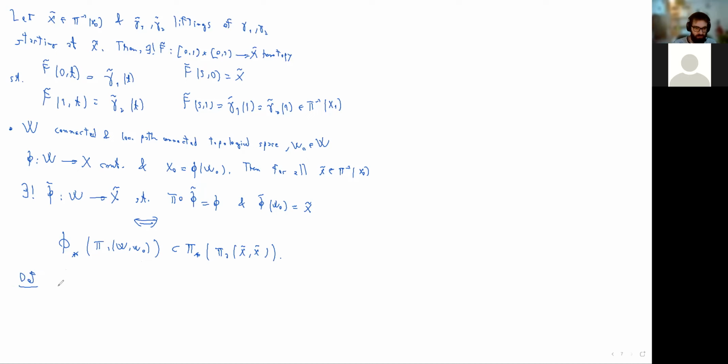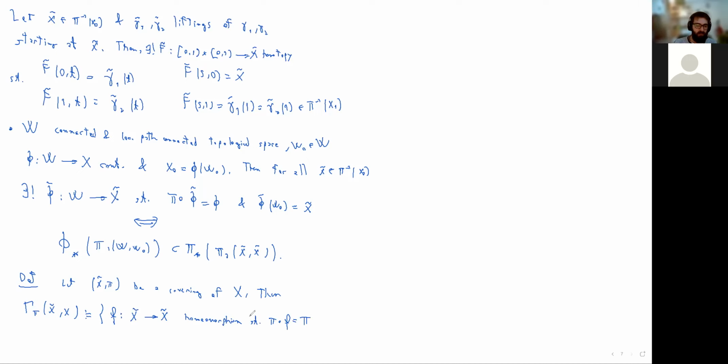And the reason I really want to do this is to define the so-called deck transformation group. Let this be a covering of X. Then this thing here, we define it to be the set of self-homeomorphisms F such that pi composed with F is just pi again.